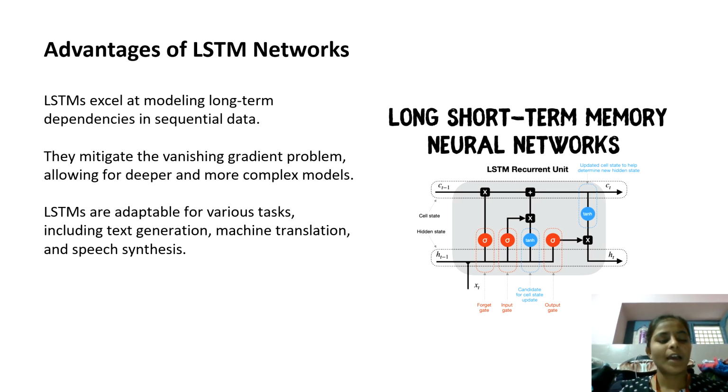The third one is that LSTMs can be used for many different tasks. For example, they can be used for text generation, machine translation, and speech synthesis. Therefore, LSTM is a useful architecture for many applications where understanding the order or context of information is important.